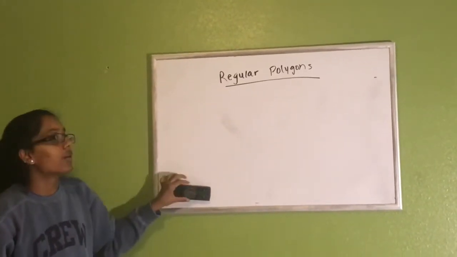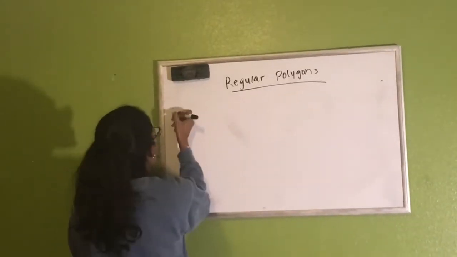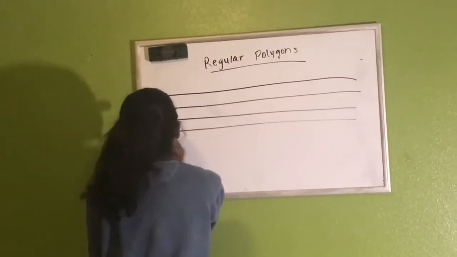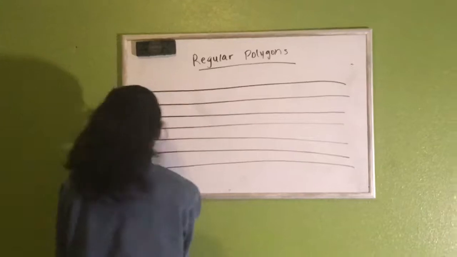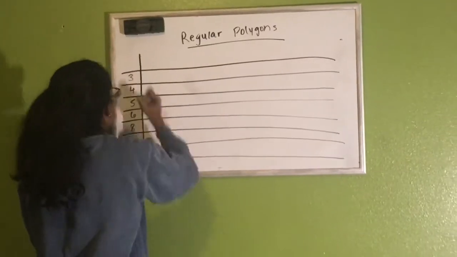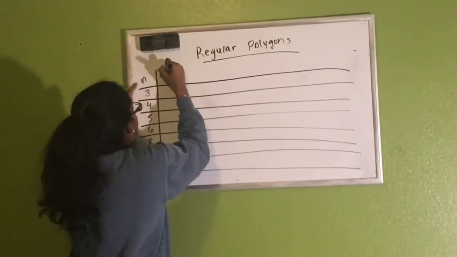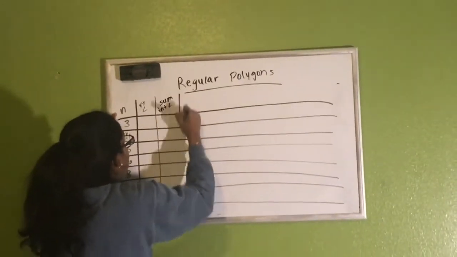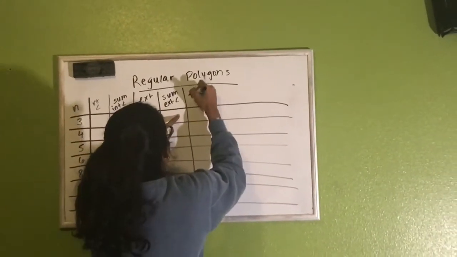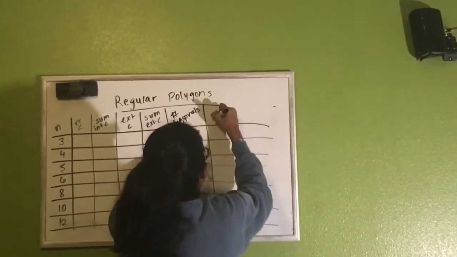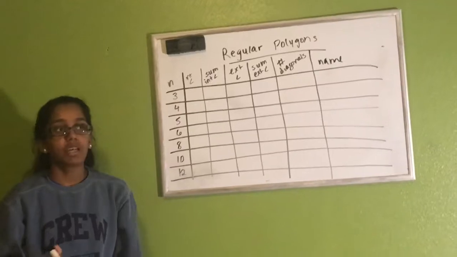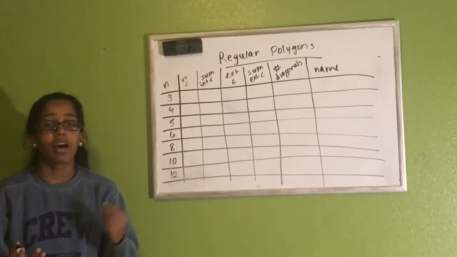So next, I'm going to do a chart. This is a chart that would be really helpful if you copy down and try to memorize, because it makes doing math, especially competition math, that much quicker.